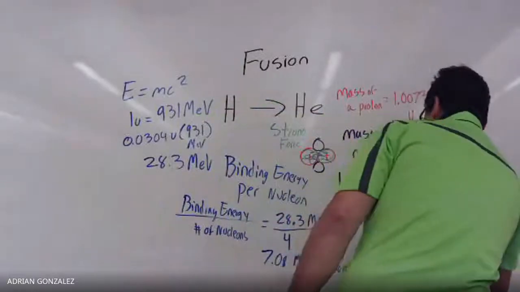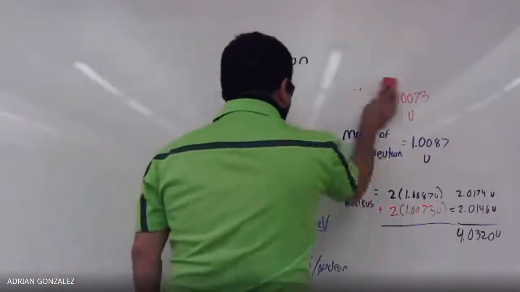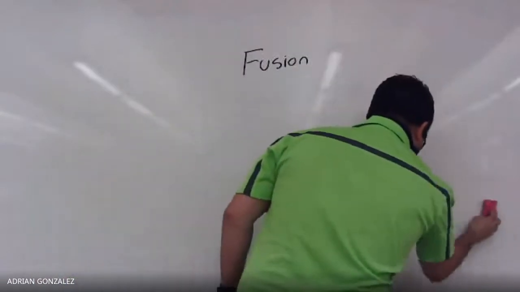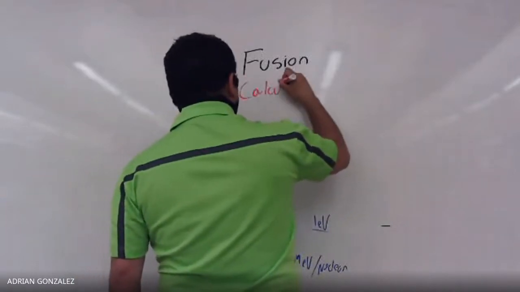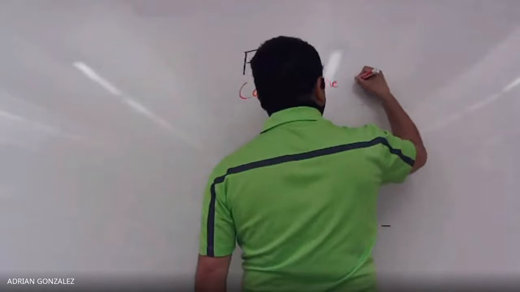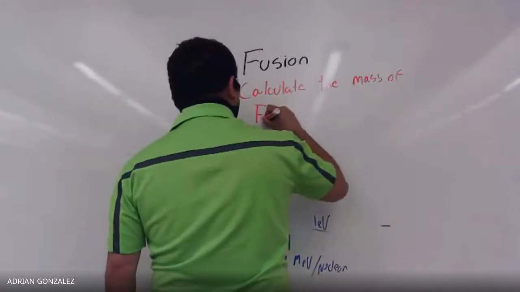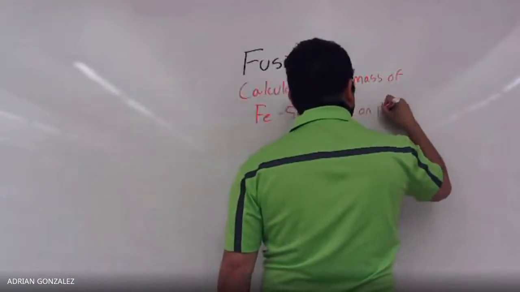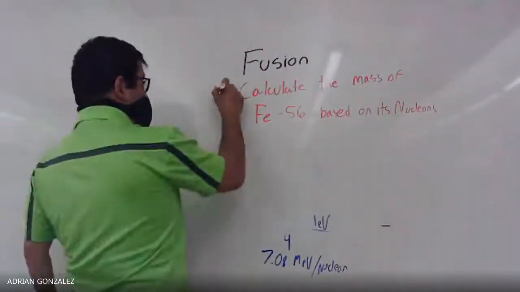Okay. So, what I want you to do is calculate. I want you to find the mass of iron 56 based on its nucleus.